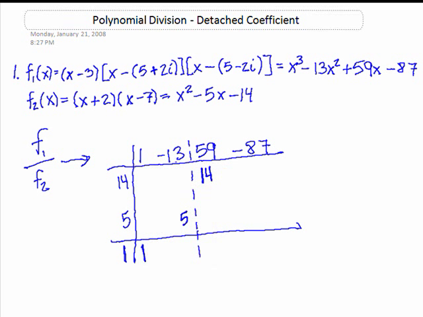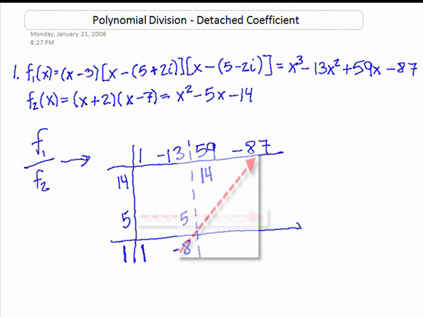In this case, unlike with detached coefficient multiplication, we do include in the sum the terms above the first horizontal line. In this case, it's going to be negative 13 and 5. Negative 13 and 5 will be negative 8. Now that we've completed that, we're going to perform more multiplications.